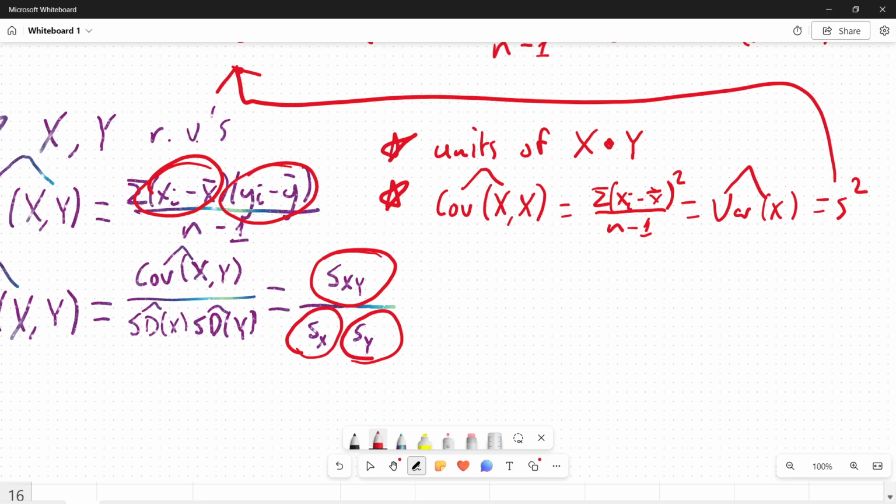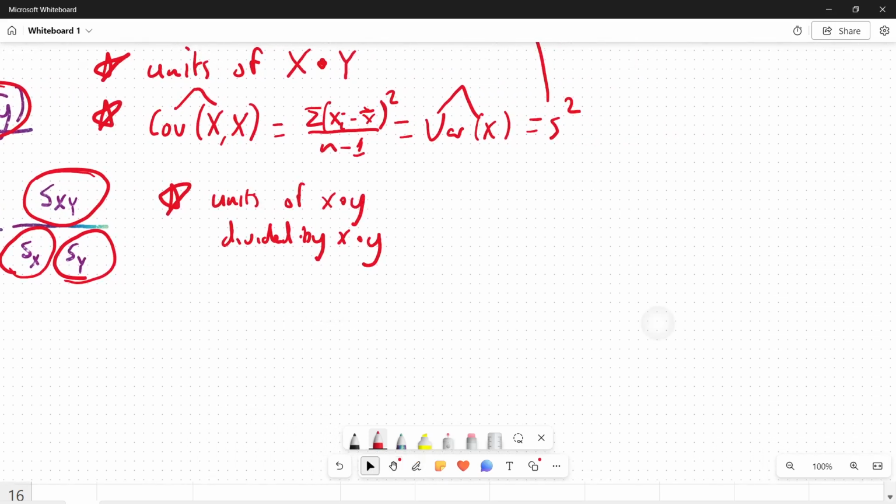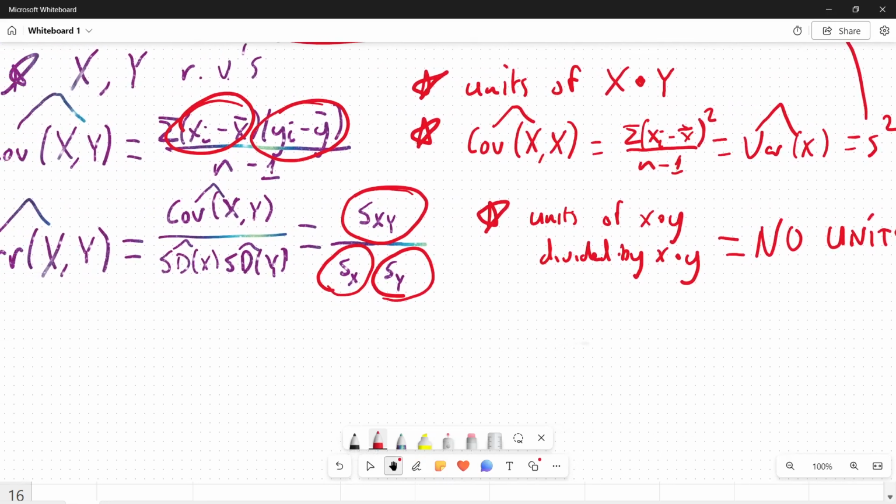I see units of X times Y, divided by X, then divided by Y, and I notice what that means. No units. That's kind of a nice day.